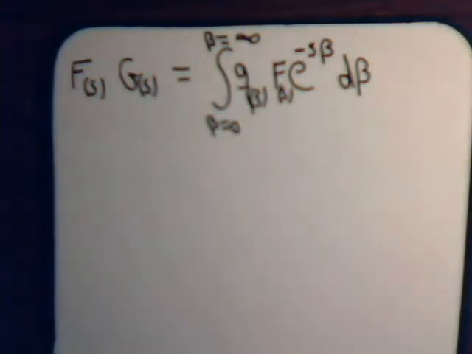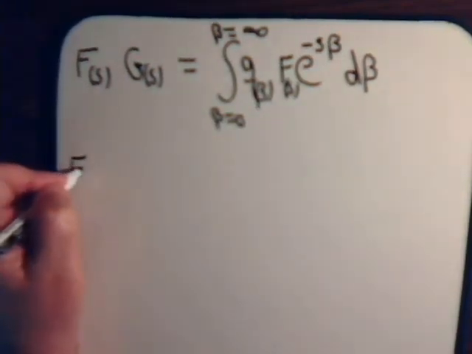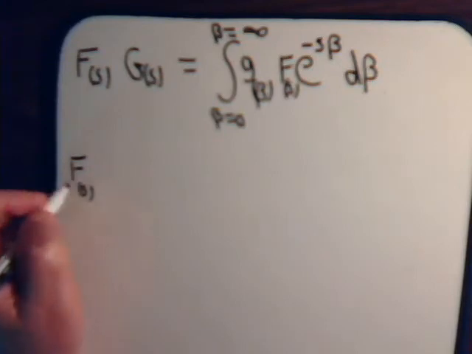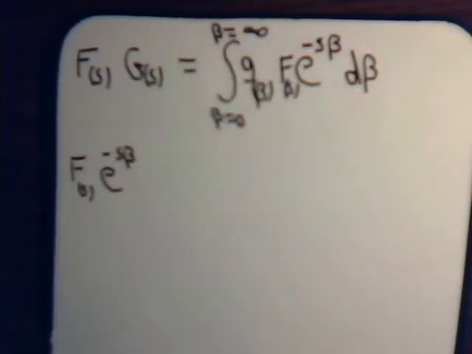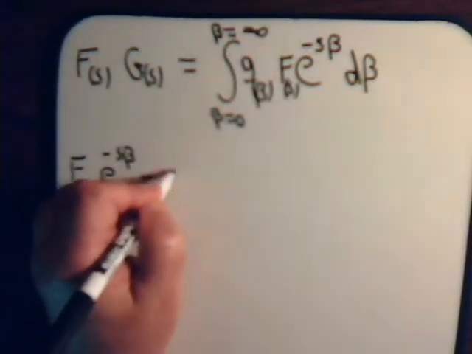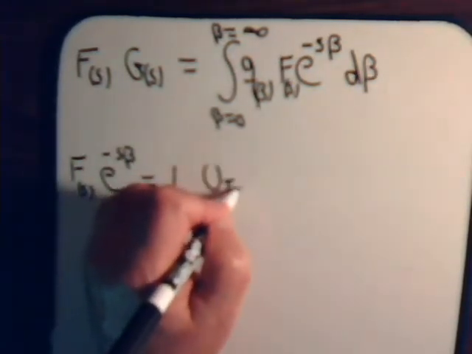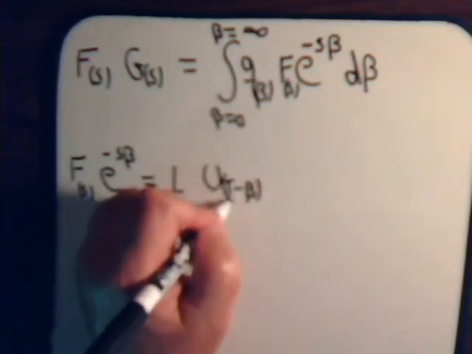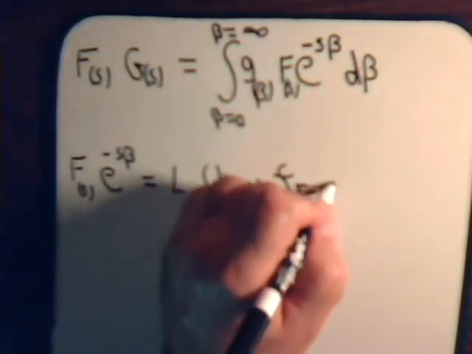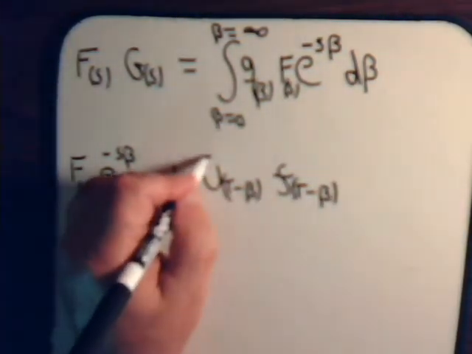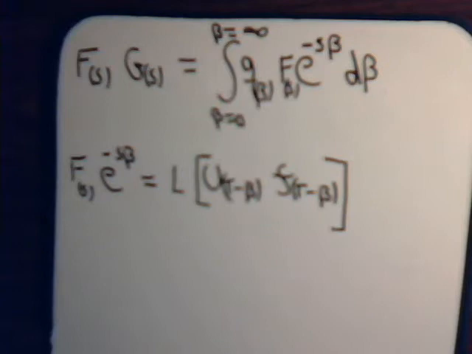We have F of s e to the minus s beta, and that equals the Laplace transform of u, the step function, t minus beta times f of t minus beta, like this.